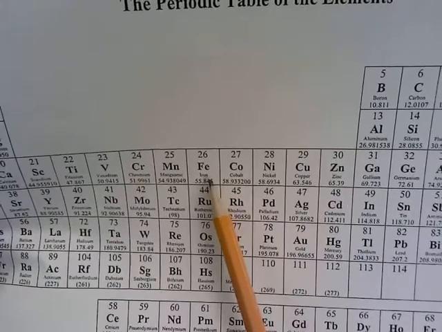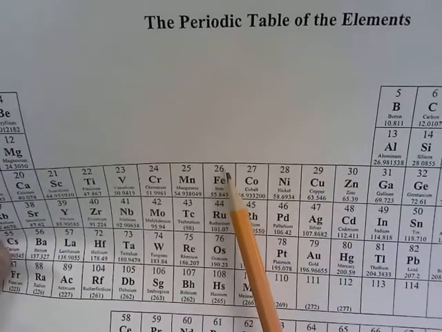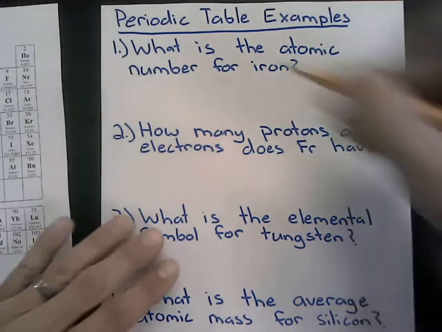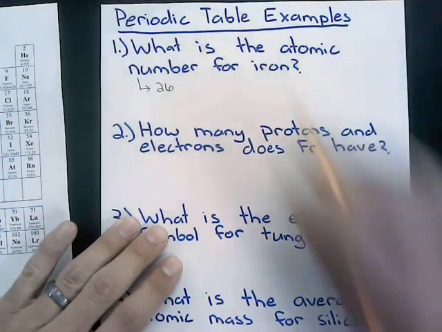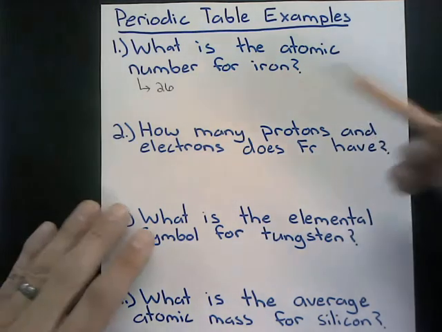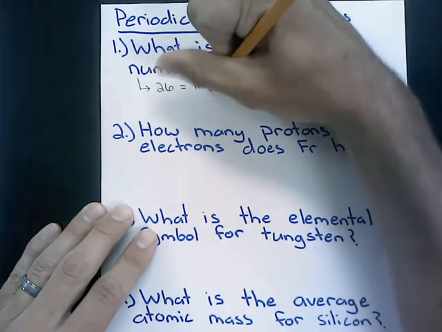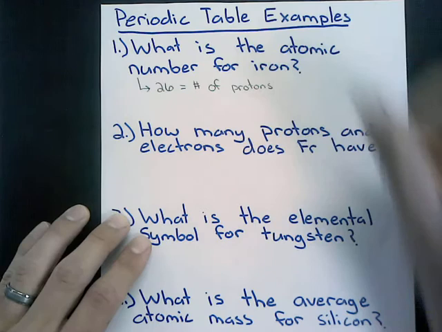If we look for the atomic number, this will always be the whole number. So the whole number associated with iron is 26. So our answer for the atomic number of iron becomes 26. Something else to note, the atomic number is also equal to the number of protons in iron.